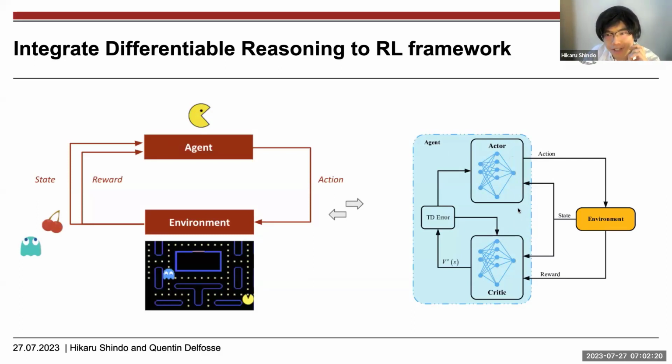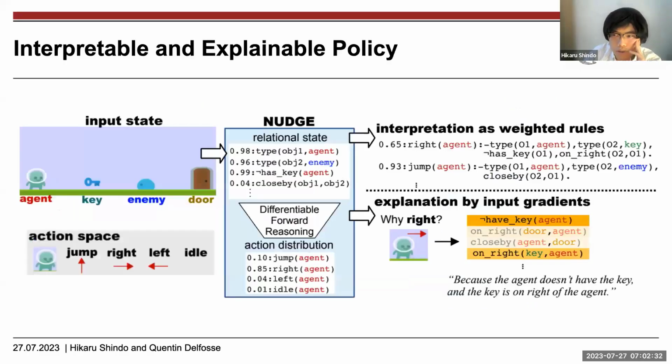Our basic idea is to replace the neural network for the actor with the differentiable logic reasoner we have been developing in our previous work. This is an overview of our framework. We propose neurally guided symbolic policy.